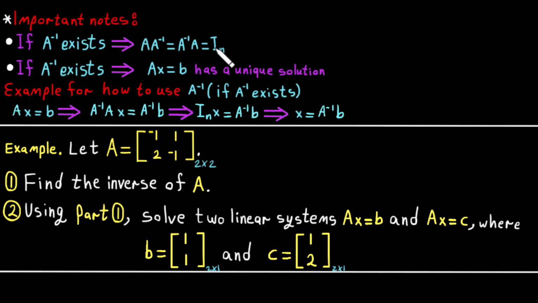Now, let's understand how we are solving a linear system using the inverse, as I have said here. If you have AX equal B, here's the example for how to use A inverse, if A inverse exists.